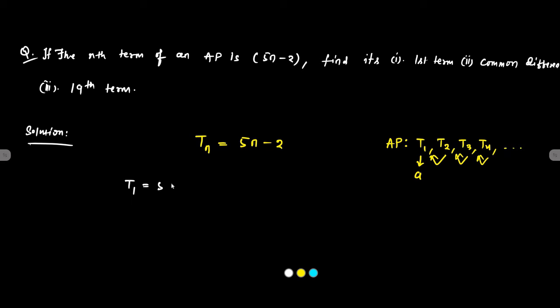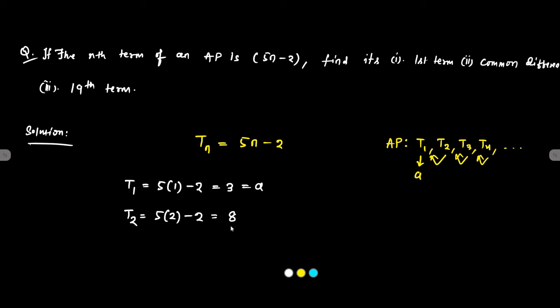So it is 5 into 1 minus 2, which is equal to 3. Then T2, which is equal to 5 into 2 minus 2, equal to 8. T3 is not required because our objective was to find out the first term.